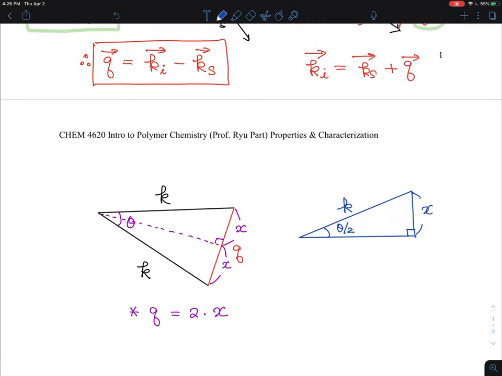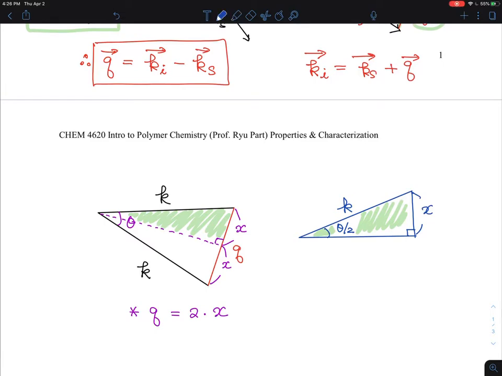Okay, so can you see this? This is the triangle here. That is the same triangle that I shaded in here. Okay? So this is half of the scattering angle, and then we can establish this relationship.